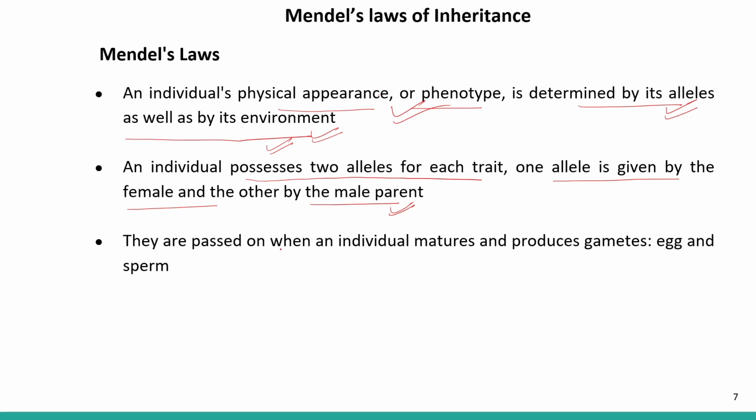Alright, so they are passed on when an individual matures and produces gametes, egg and sperm. When the gametes unite, the chromosomes get paired. For each trait, we will have paired alleles.